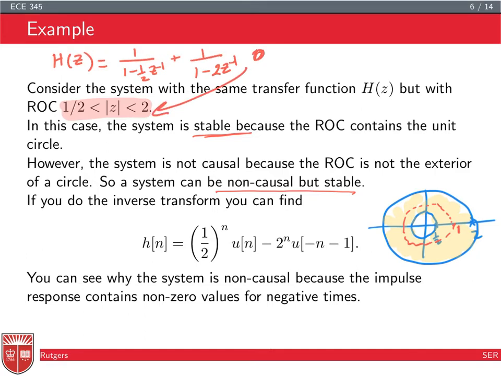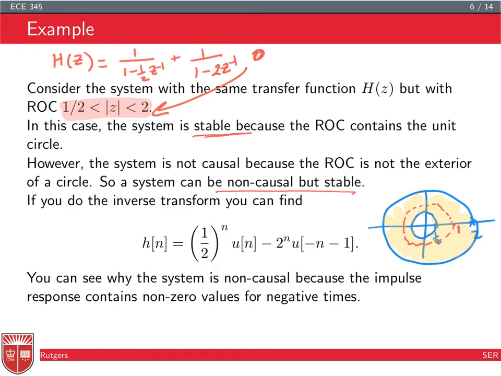Now you can tell that because it's a double-sided signal, you can see from the ROC here that the part that has 2 as a pole is actually left-sided, because it's the interior of a circle. So this is why you have to use the left-sided formula for the pole 2.